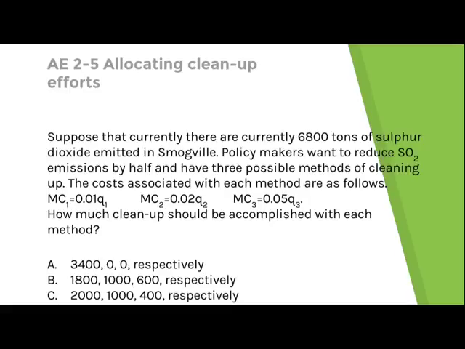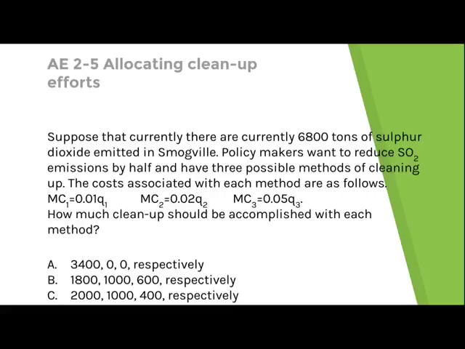So let's get into the nitty-gritty of this problem. Currently we're emitting 6,800 tons of sulfur dioxide. We want to clean up half. And we have three possible methods of cleaning it up, and we have three marginal costs.